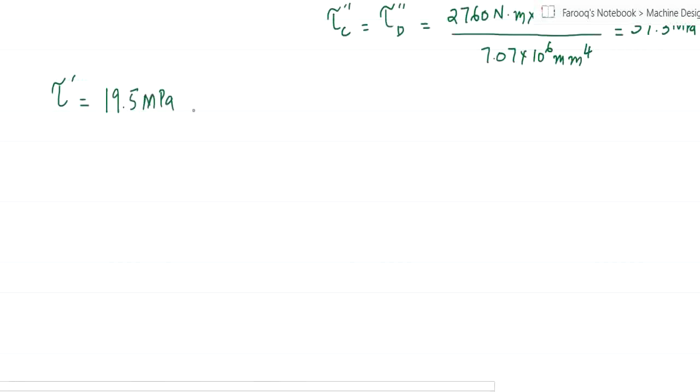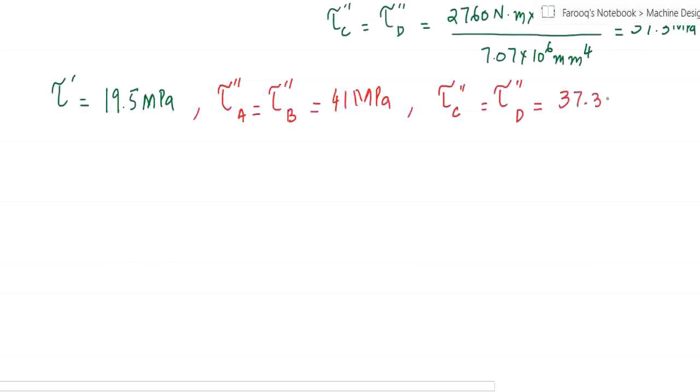Similarly, we know the value for secondary shear stress at A is equal to secondary shear stress at B is equal to 41 megapascals, and secondary shear stress at C is equal to secondary shear stress at D is equal to 37.3 megapascals.